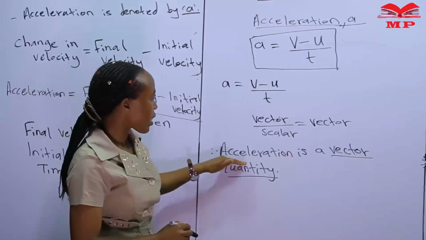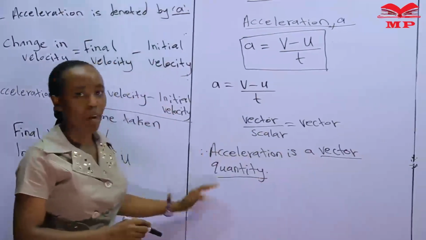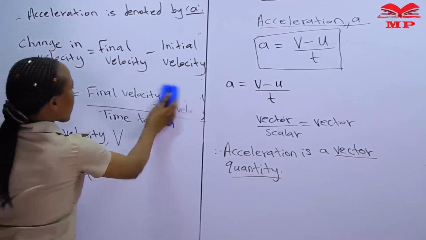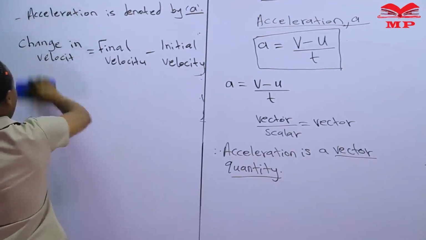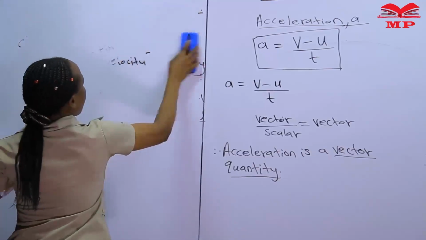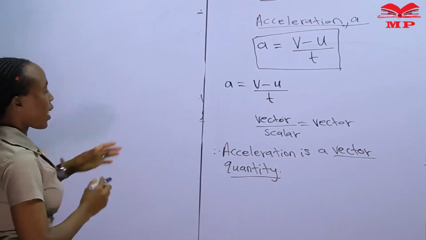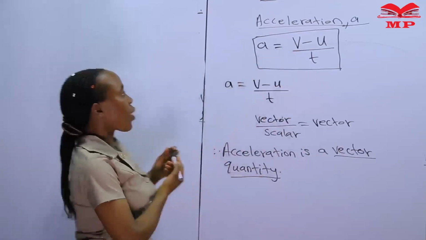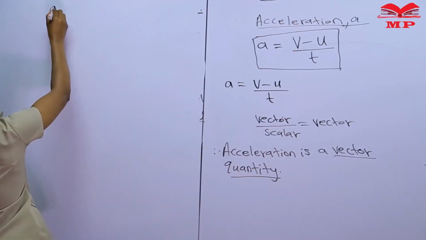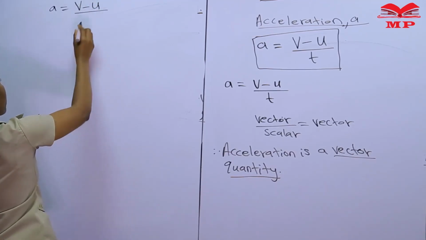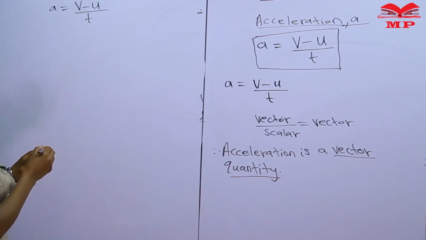Then we have seen that acceleration is a vector quantity. We also need to get the SI unit. What will be the SI unit of acceleration? We get the SI unit from the formula, whereby acceleration is the change in velocity, v minus u, divided by the time taken.